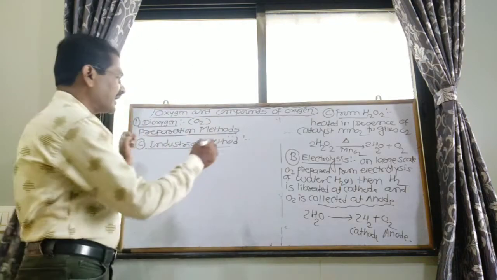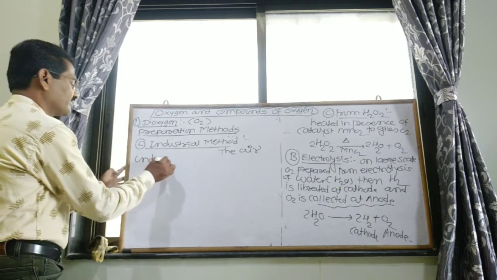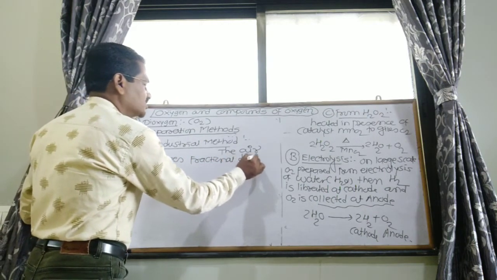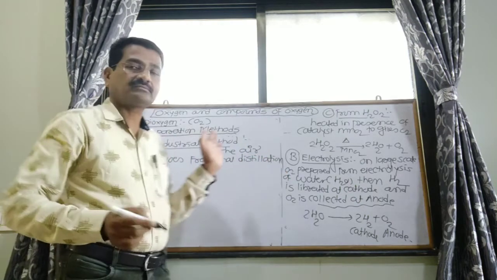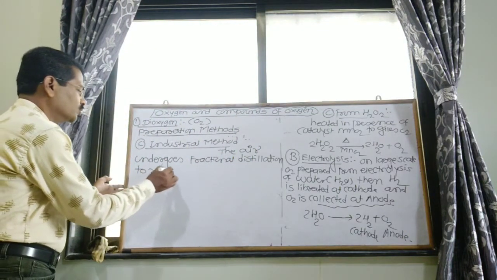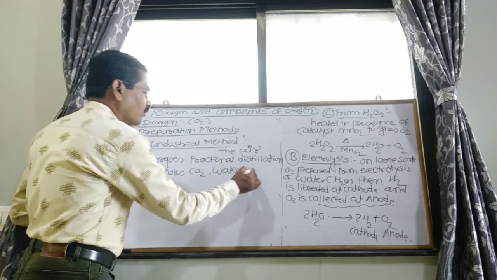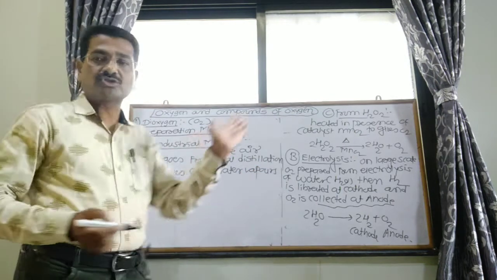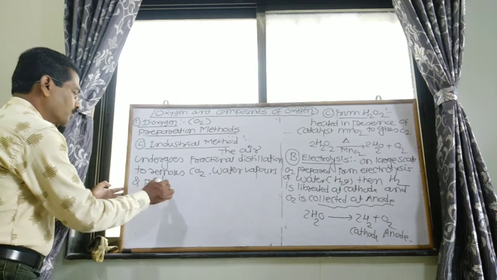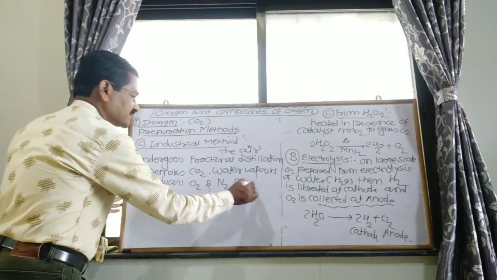So how to write it? Air undergoes fractional distillation to remove carbon dioxide and water vapors, and produces oxygen and nitrogen gases.